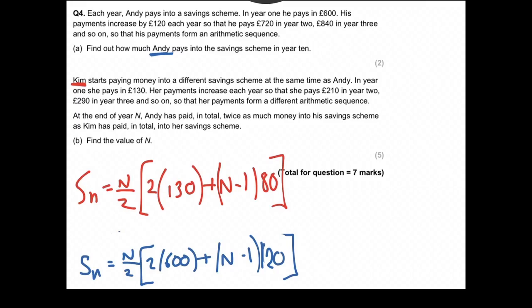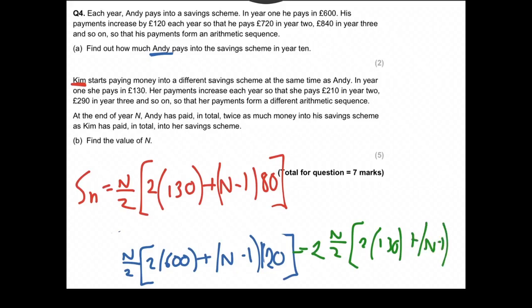So let's write that out then. So this one should be equal to twice this one. So if I rewrite that in there, 2 lots of n over 2. I know the 2's will cancel, but I'll write it out like this for now. 2 lots of 130 plus n minus 1 times 80.